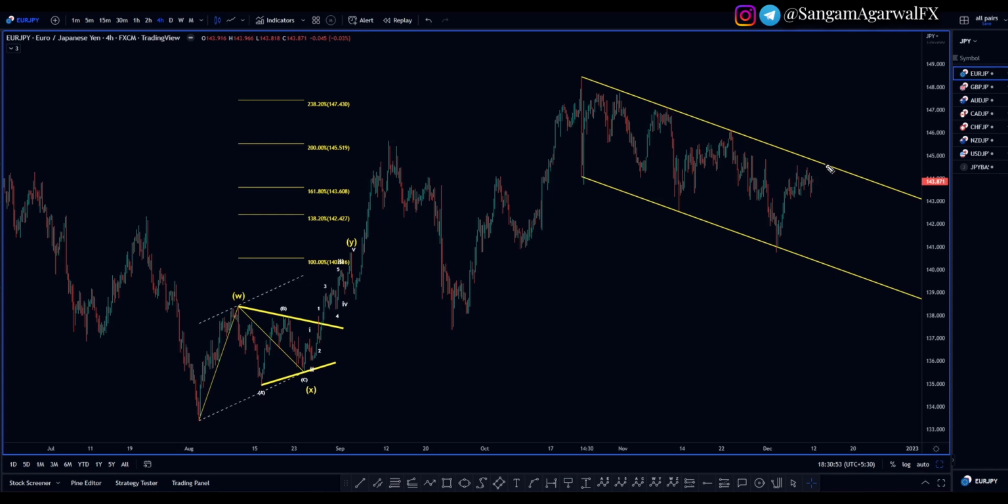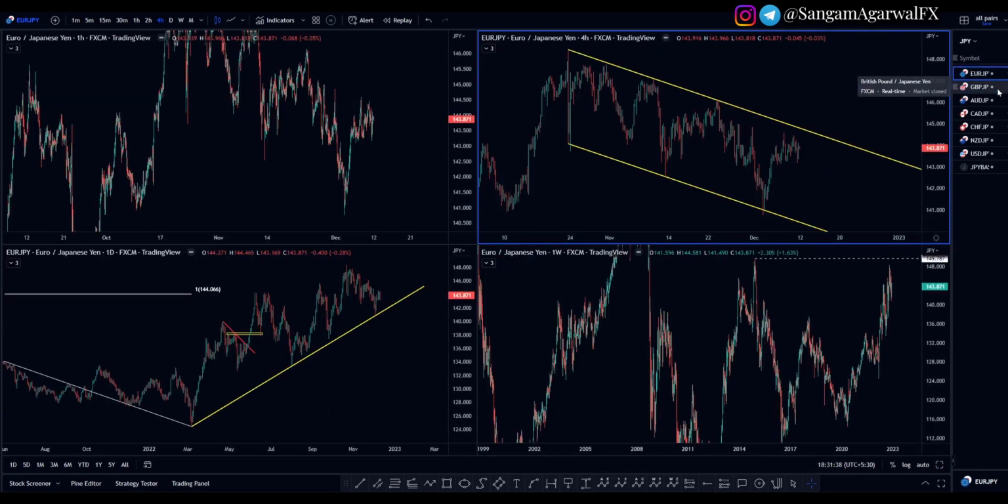So if it retests the upper trend line, then you can sell targeting the lower trend line, and if it retests again, then you can buy targeting the upper trend line. Or if this trend line breaks, then wait for the breakout, then you will buy on the retest. But on this H4 time frame, this parallel channel is your chart pattern.